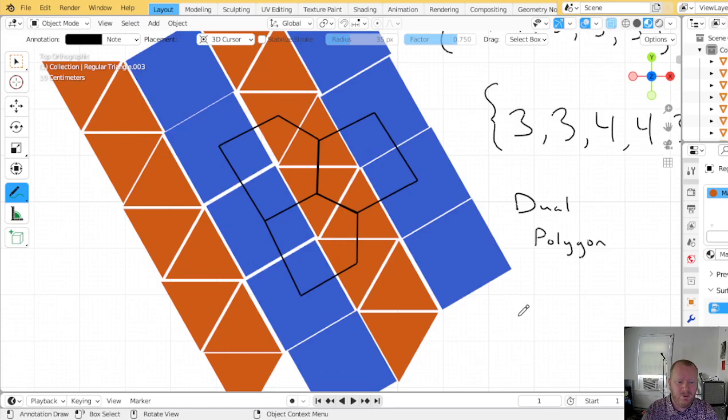So that dual polygon has 1/4 of a square, and it's got another 1/4 of a square. It's also got 1, 2, 3. So each of these, if you can kind of picture this being broken up, is 3 pieces. This is a third of a triangle.